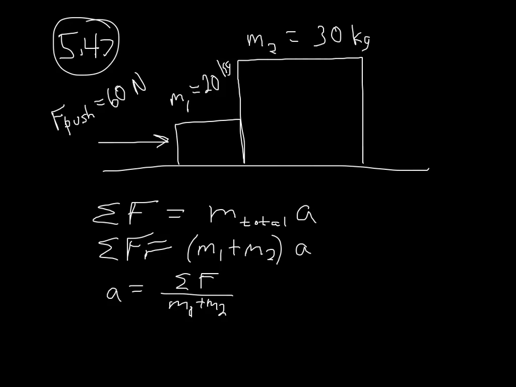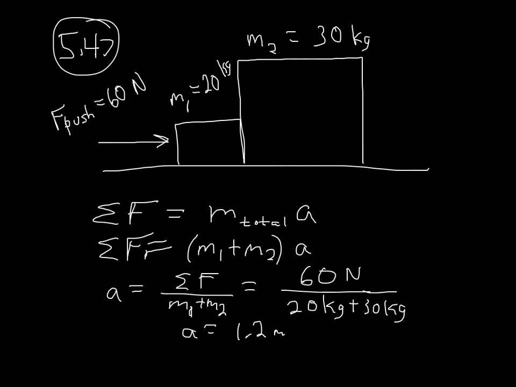No. We just care about the net force, which is going to be that 60 Newton push, divided by the total masses that we have: 20 kilograms for mass 1 plus 30 kilograms for mass 2. So the acceleration that both these boxes experience at the same time is 1.2 meters per second squared.